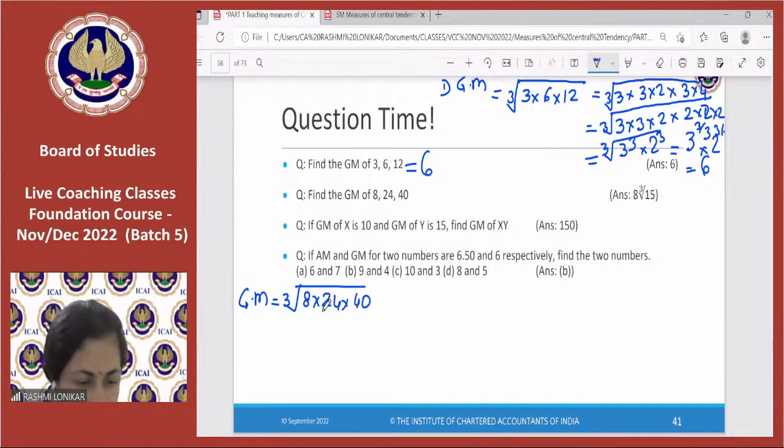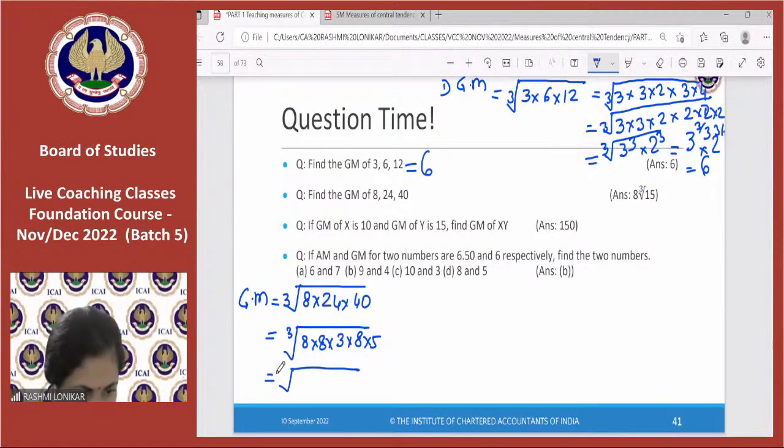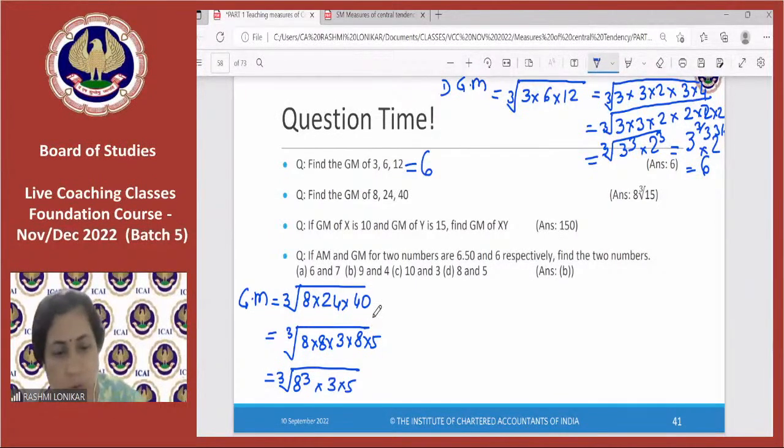Now I can see over here that I can write 24 as 8 into 3, and 40 as 8 into 5. So this is the cube root of 8 into 8 into 8 into 3 into 5. Now is 3 repeated? No. Is 5 repeated? No. But for 8 I can do this.